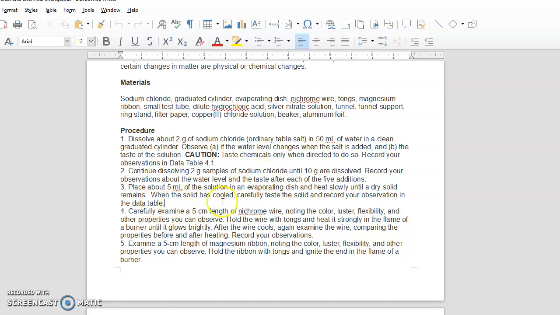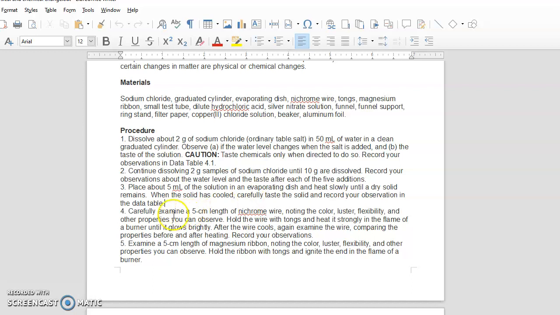And then what you're going to do is, once it's all finished, you take a little bit of that and you put it in that dish and put it on the oven or someplace to allow it to dry. And what happens is a solid will remain, right? So in each one of these, except for when you were tasting it, all that was happening were strictly physical changes, weren't they?